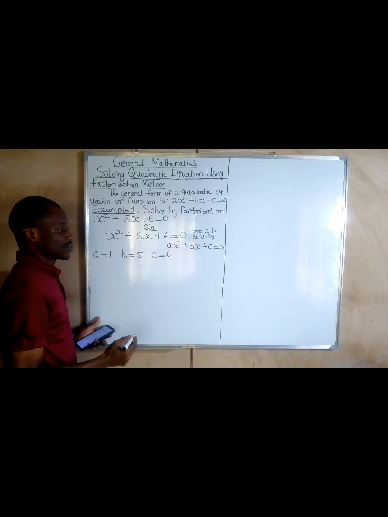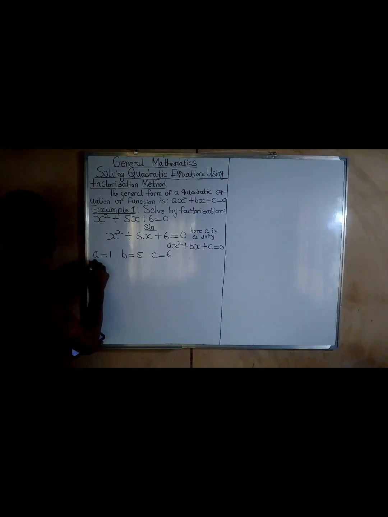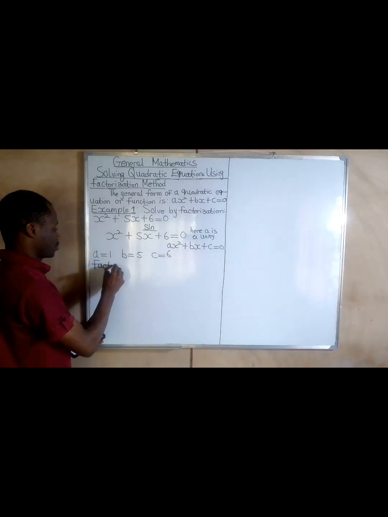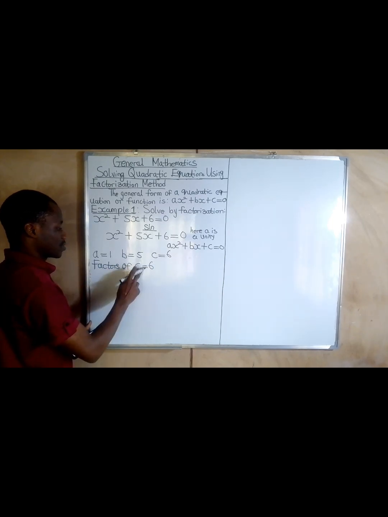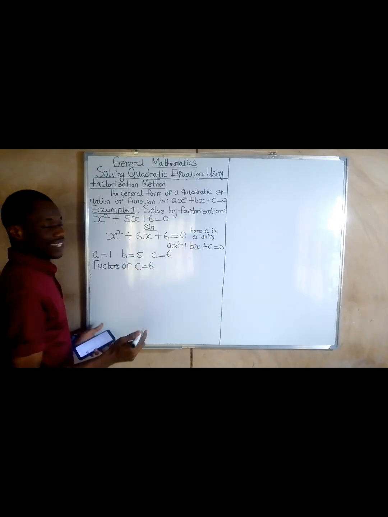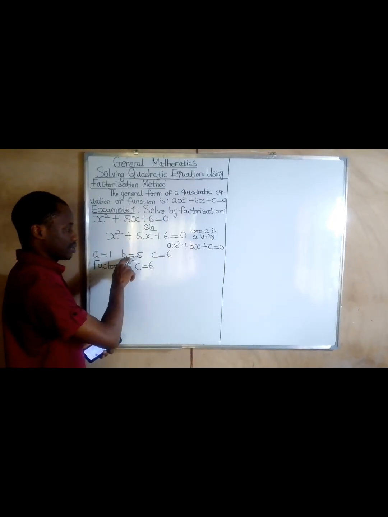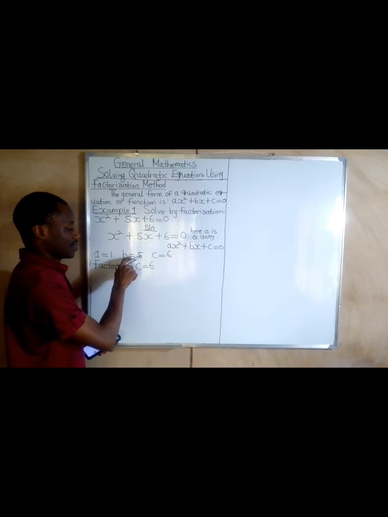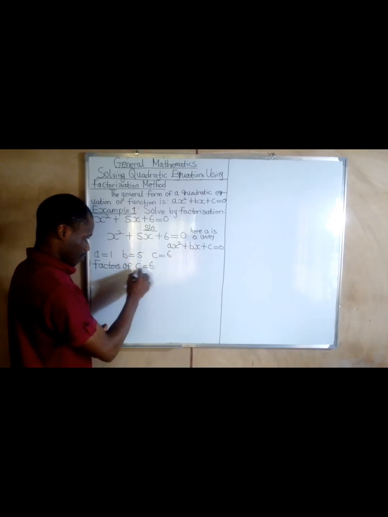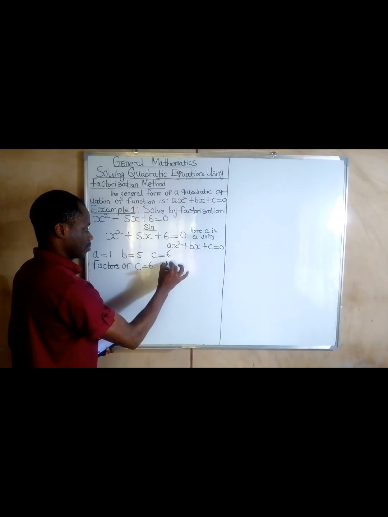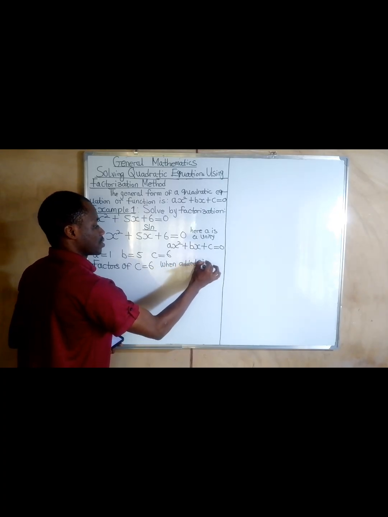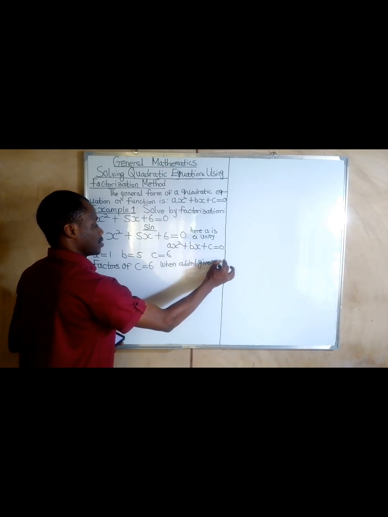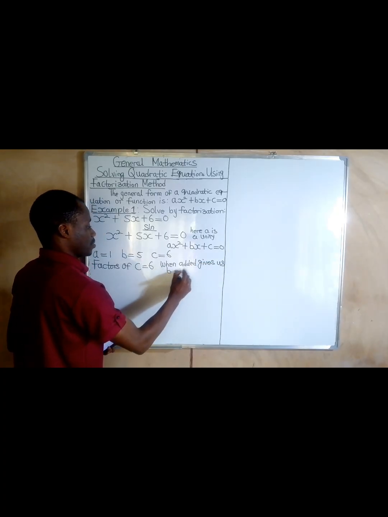So you find the factors of c, which is 6, that when added will give us b. The factors of c when added give us b, which equals 5.